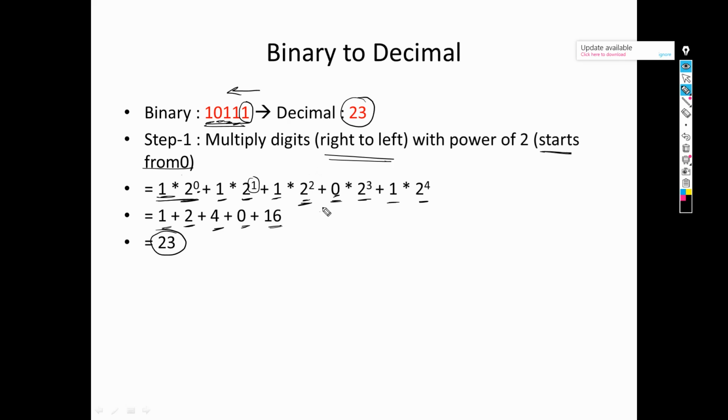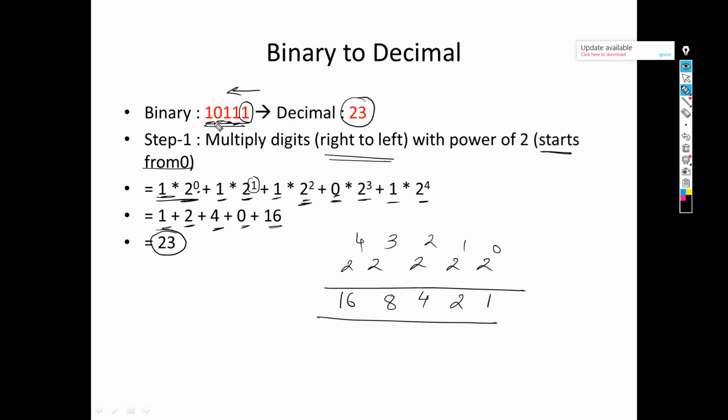In other words, what we can do? We know 2 power 0, 2 power 1, 2 power 2, 2 power 3, 2 power 4: that is 1, 2, 4, 8 and 16. Now we have a 5-digit number.